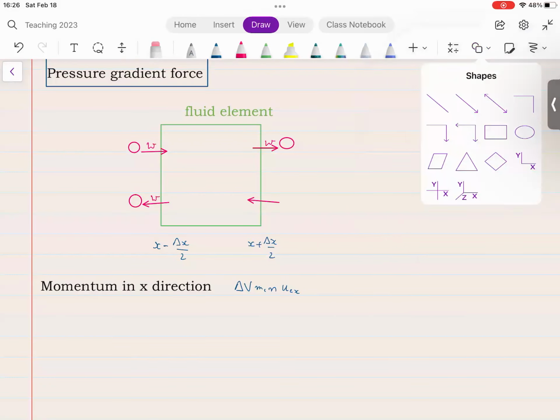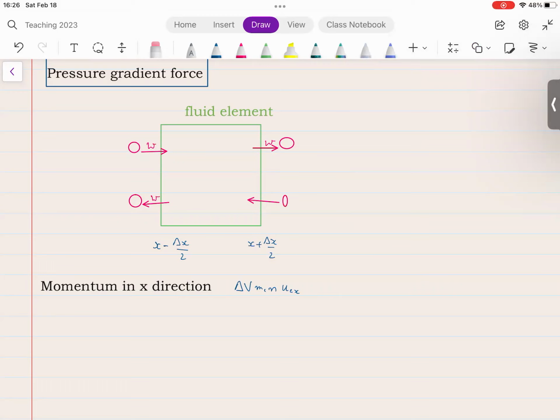Sorry about that. W. All right. Where again I'm representing all the x component.